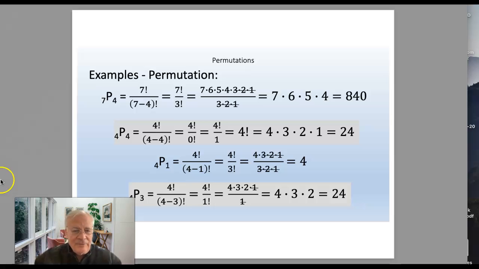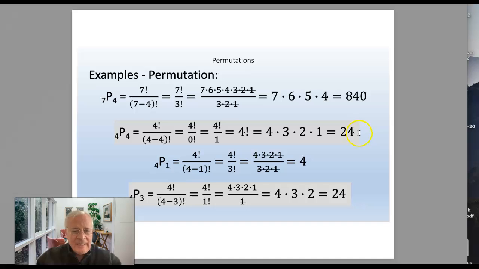Another example, if we had 7 permutate 4, it would be 7 factorial over 3 factorial, which just ends up being 7 times 6 times 5 times 4, or 840. One thing I want to point out, 4 permutate 4 is the same as 4 factorial, 4 times 3 times 2 times 1.